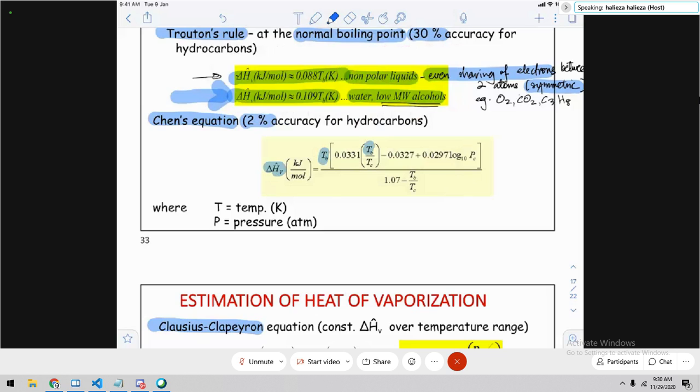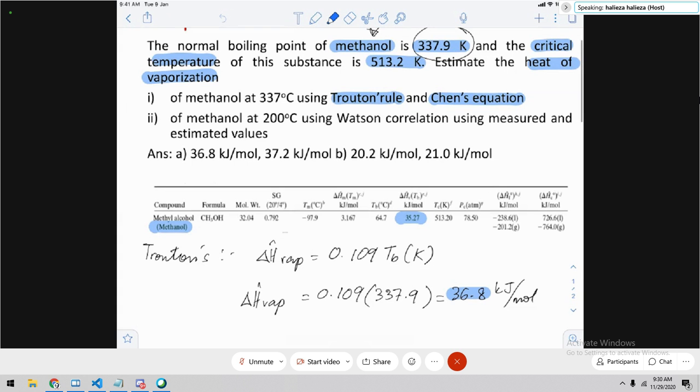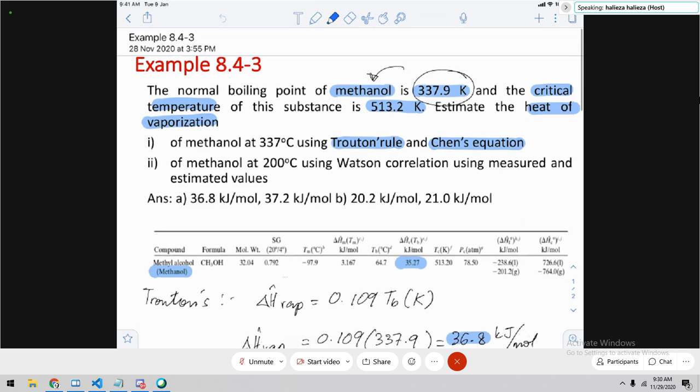Here we have an additional temperature, which is the critical temperature. The other one is the boiling point temperature. That is the critical pressure, and the critical pressure must be in atm. Using that example as an example, you have the critical temperature here, and it's given.